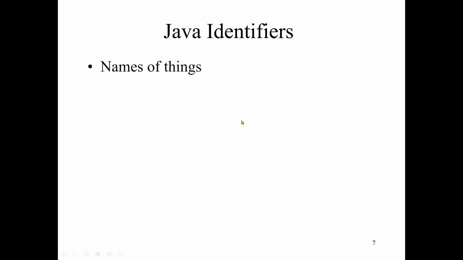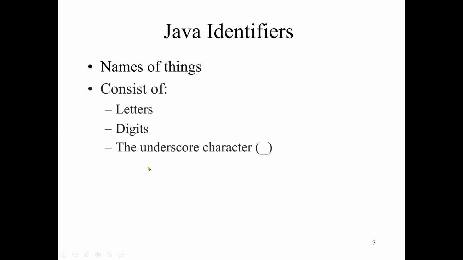And next we go through what we call the Java identifiers. Java identifiers are the names of things. Examples are the name of a variable, the class, methods, functions. They are all called identifiers. So here we say the name of a thing consists of letters, digits, the underscore character, and also the $ sign.